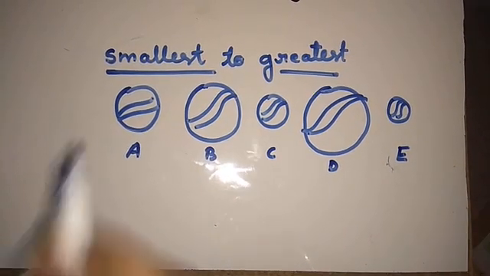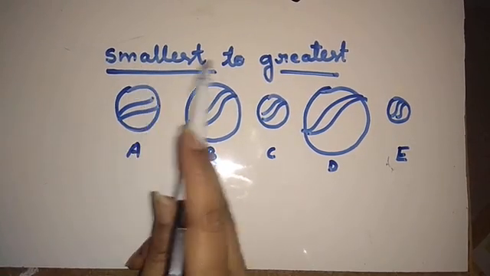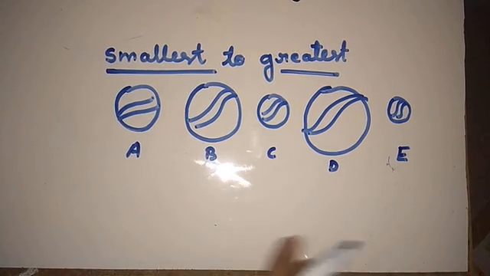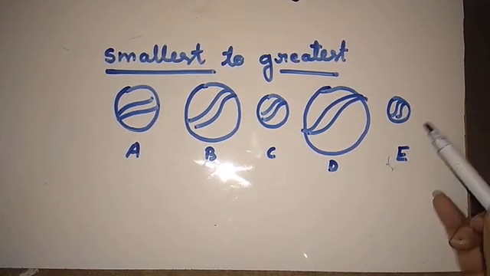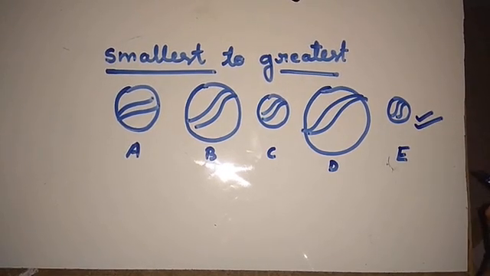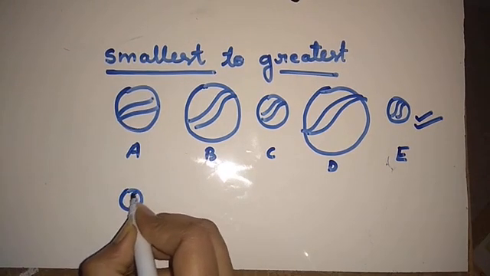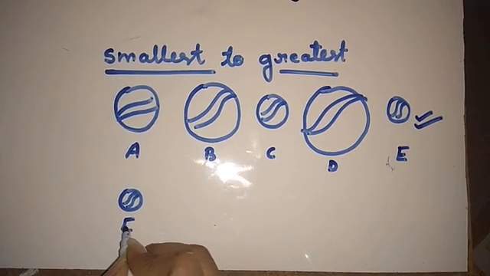Ascending order means smallest to greatest. So which one is smallest in this picture? We can compare easily. Ball E is smallest. So here I will draw ball E.